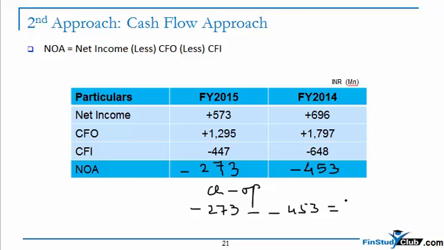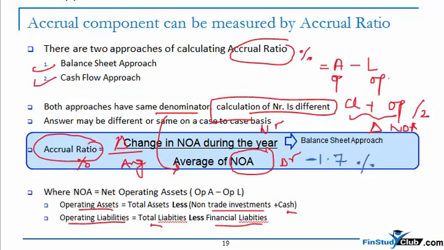So this is 453 minus 273, 180 positive, and 8033 is the same denominator, coming out to be 2.2%.